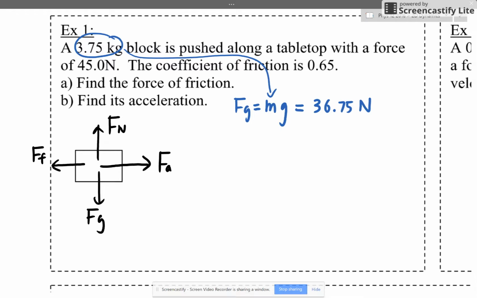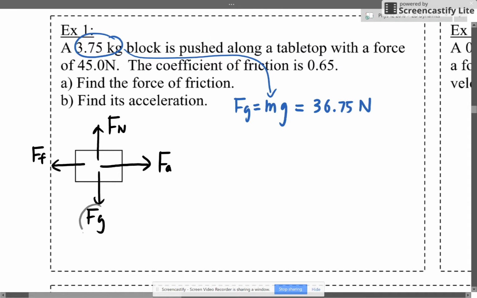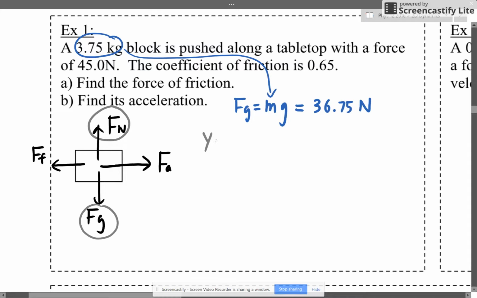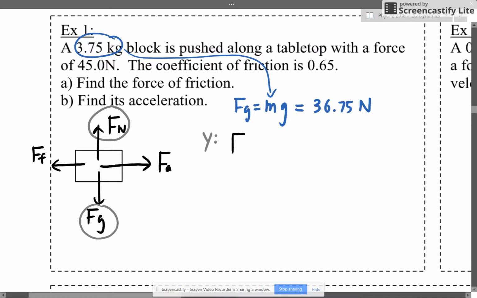Now, Fg is exactly opposite to Fn, and you don't expect a box sitting on the table to suddenly jump off the table, so they have to be the same. In the y direction, you can simply say I know Fn is the same as Fg.